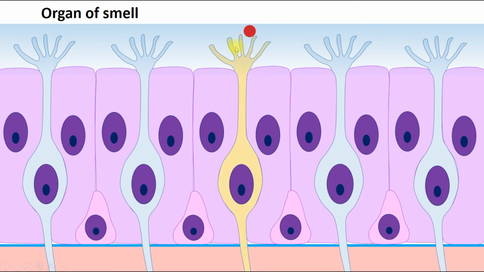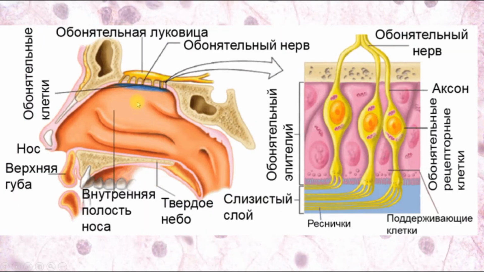This activation causes depolarization of the cell membrane of the olfactory cell, and this wave of depolarization runs via the axon of this cell into the CNS. These axons go through the basal membrane, through the connective tissue of the mucosa of the nasal cavity and olfactory epithelium, and through the lamina cribrosa of the bone, and they reach the olfactory bulb.